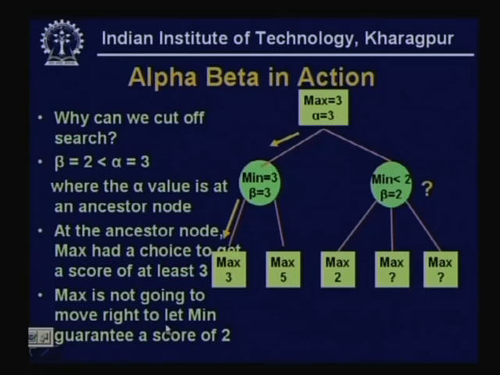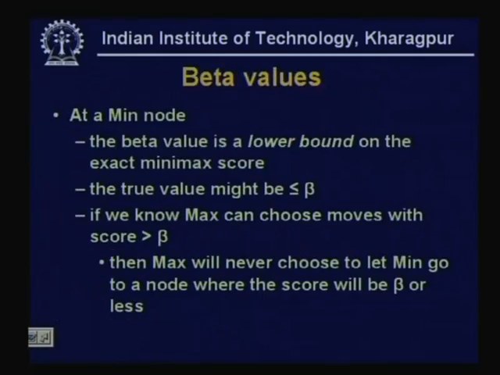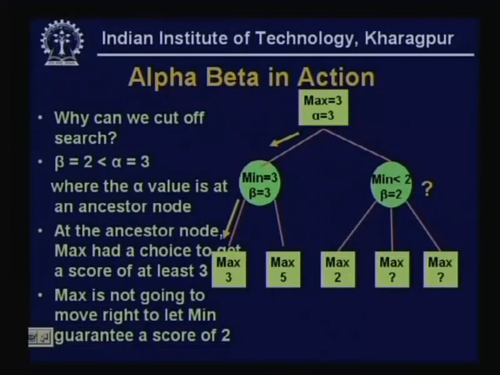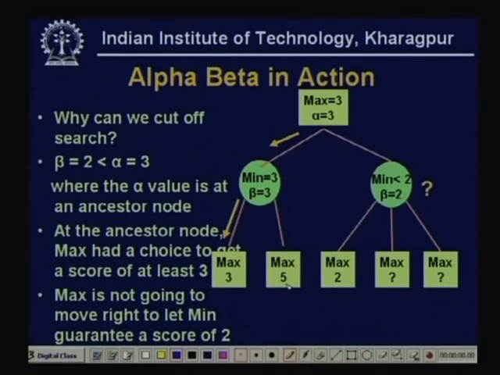Now, why can we cut off search? Let us consider this example. In this example, at this node, the terminal value is equal to 3. At this node, the value is equal to 5.